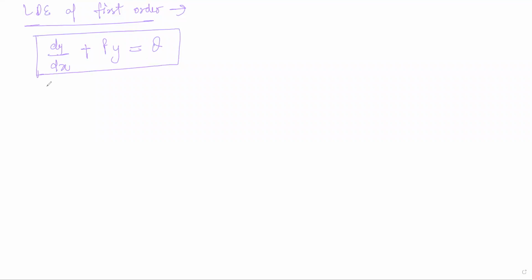Okay, so we have LDE of first order. An LDE of first order can be written as dy by dx plus py is equal to q. See, this is the same exact form. What we are saying is that we always take the coefficient of dy by dx as 1, because in this case you'll be able to simplify your equation better.